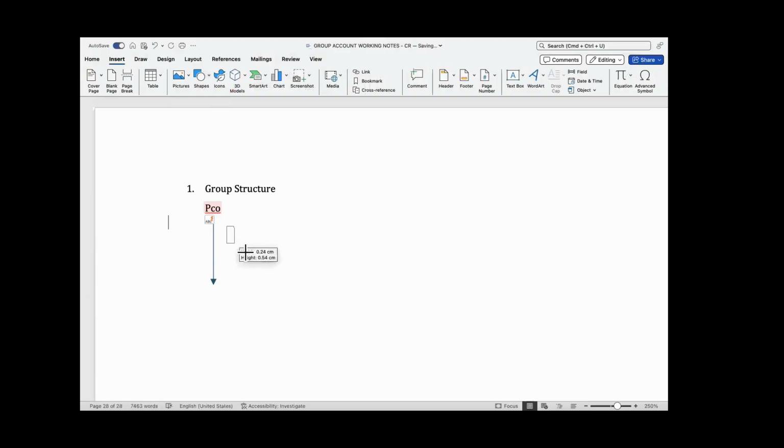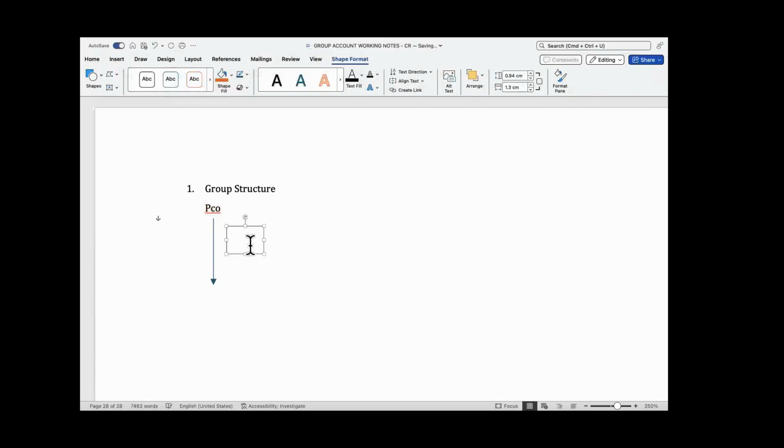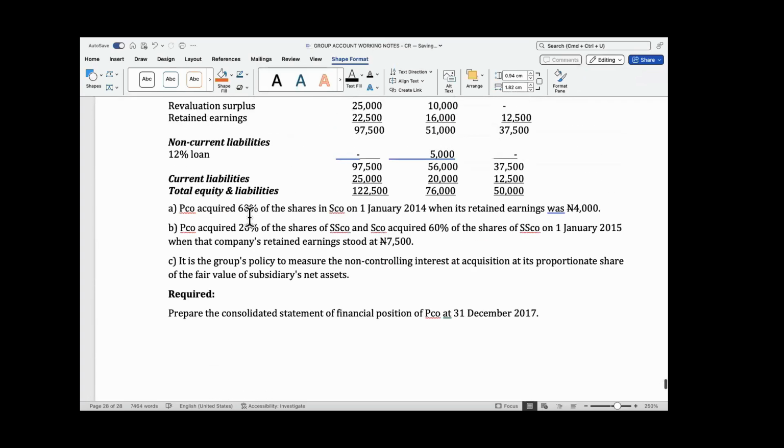The examiner already told us the percentage holding, I think 60%.